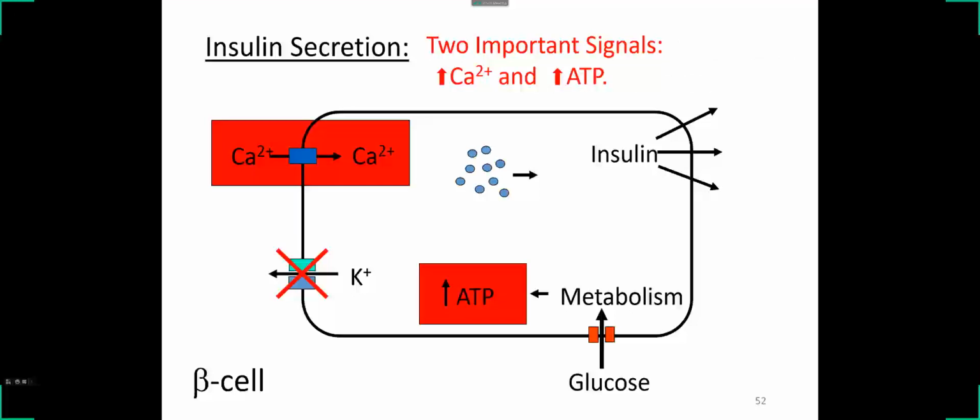Now, there are two very important signals within this process that I've just talked about, and those are the increase in ATP due to the breakdown of glucose and the influx of calcium from the extracellular space via the opening and activation of that calcium channel due to depolarization of the membrane.